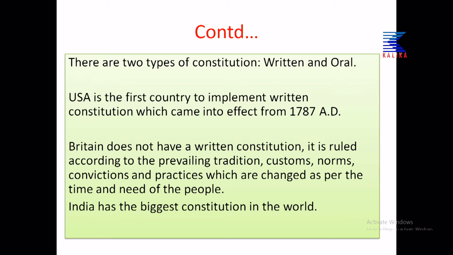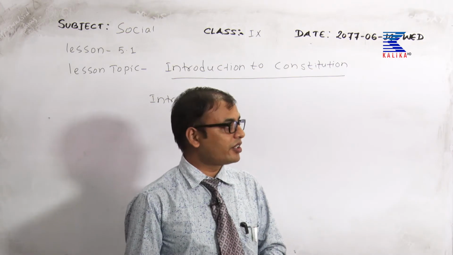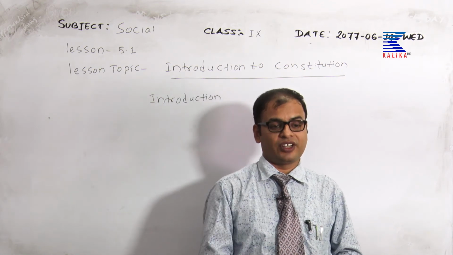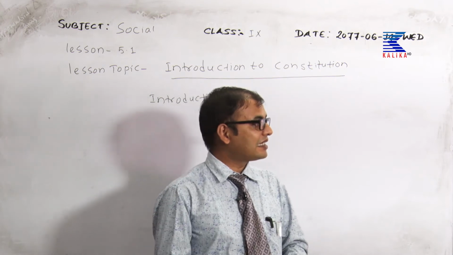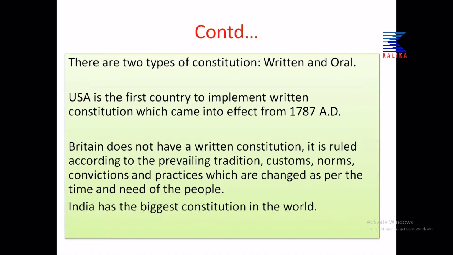Similarly, at present almost all the countries of the world have a written constitution except one country. Britain is that country which does not have a written constitution. It is ruled according to prevailing traditions, customs, norms, convictions, practices, which change as per the time and need of the people.